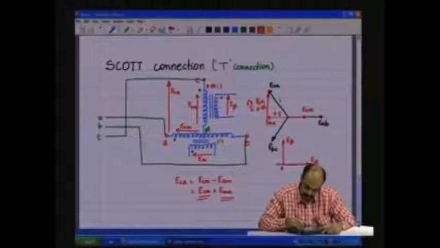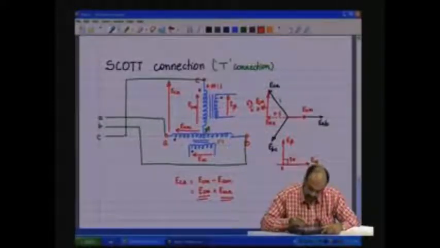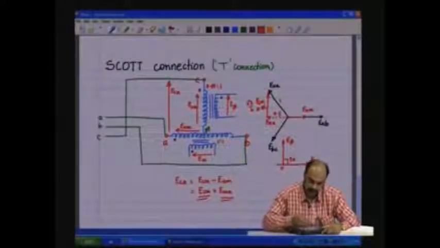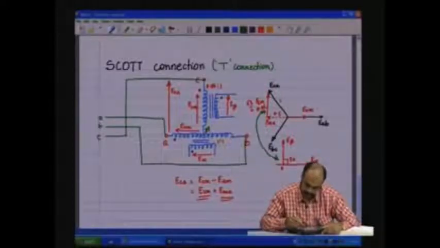This is the 0 and it is 90 degrees with respect to each other. They are orthogonal. You see that ECM is E beta, EAB is E alpha.